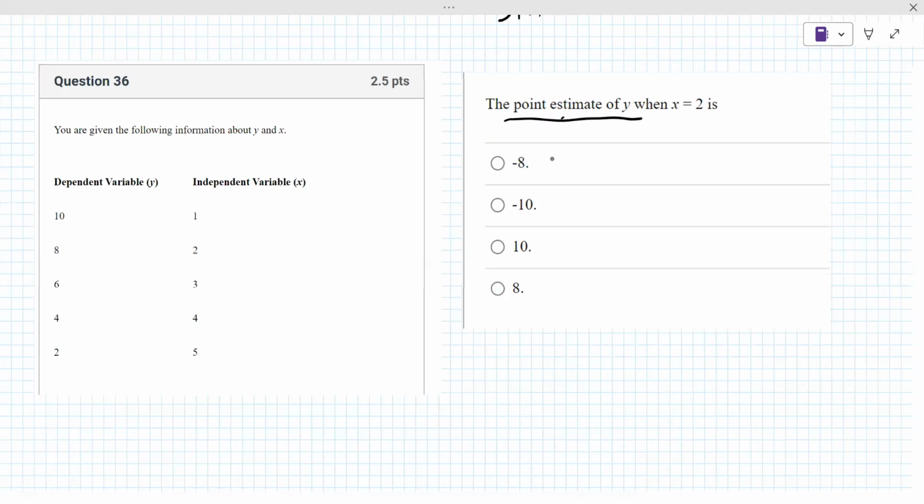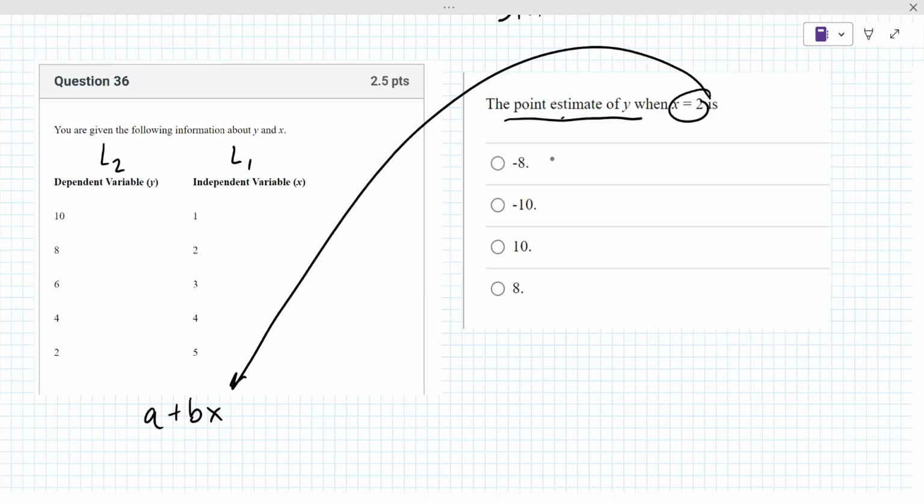So you have to go again, put this in L1, this in L2, and determine the equation. When you determine the equation, you're going to use this x value right there.